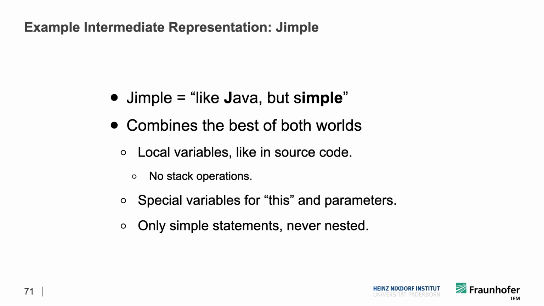Also, there are special variables generated for the this object, and for parameters that are passed to methods. So in Jimple they are also modeled through local variables, and there's one unified way of dealing with all of these values. Also, there are only simple statements, so just as in bytecode, statements can never be nested.